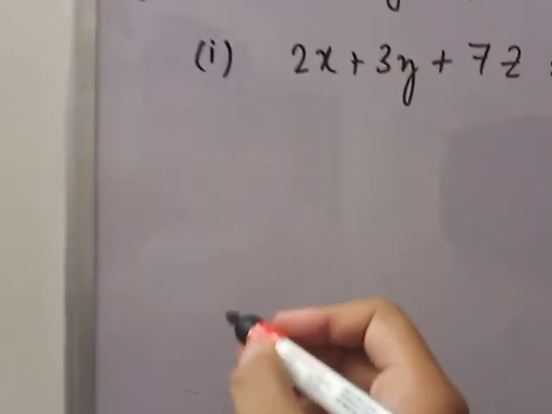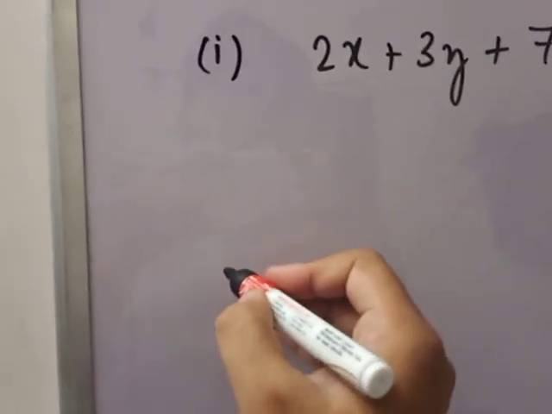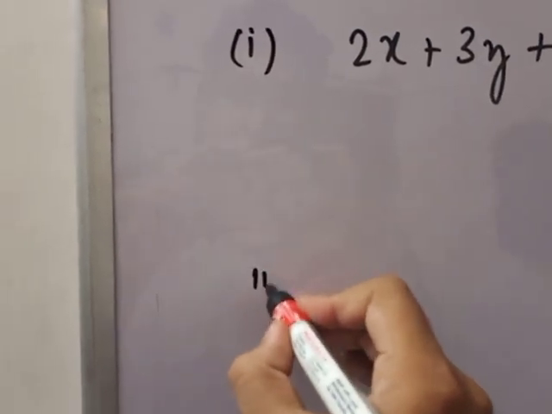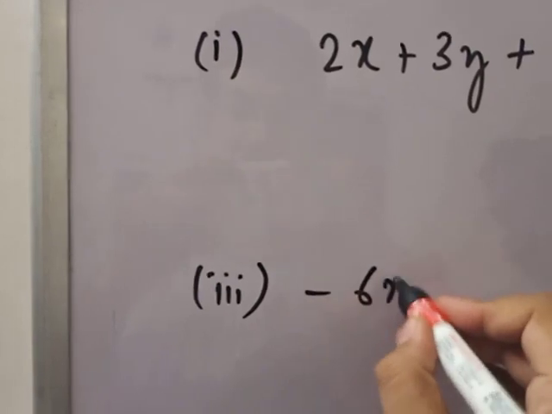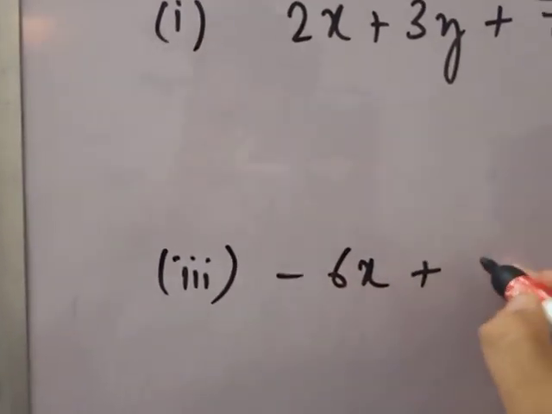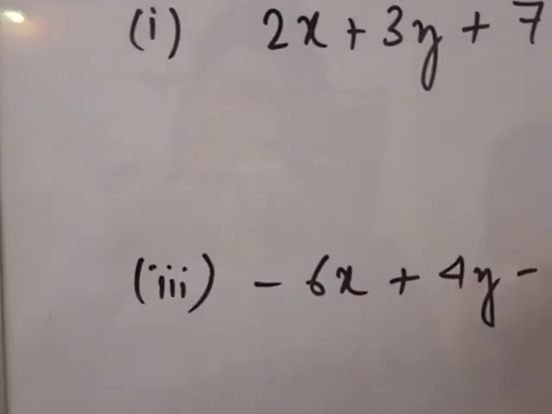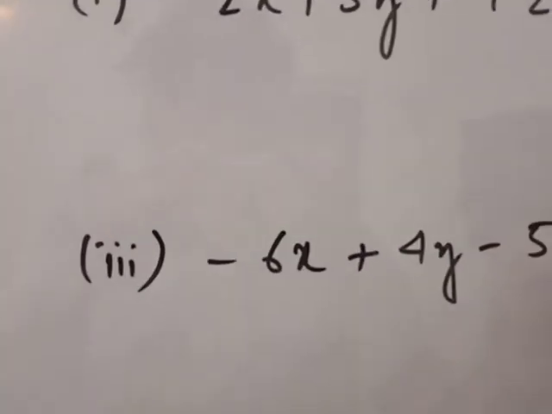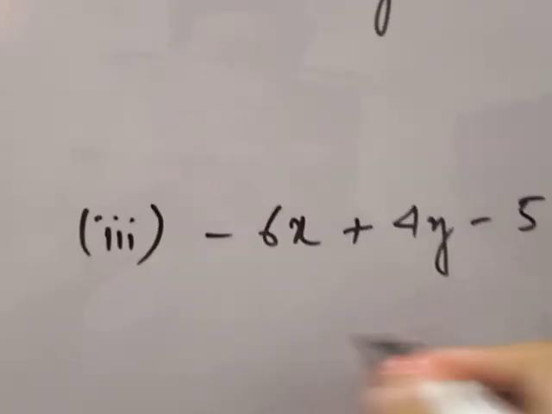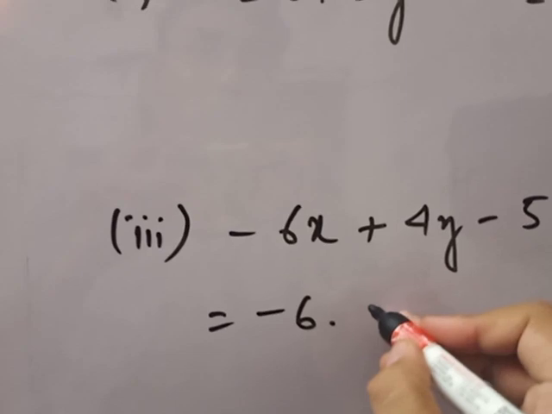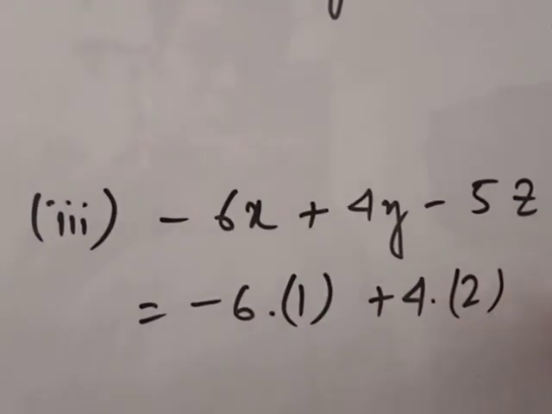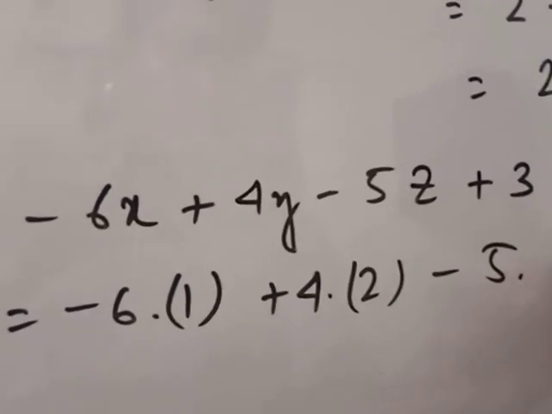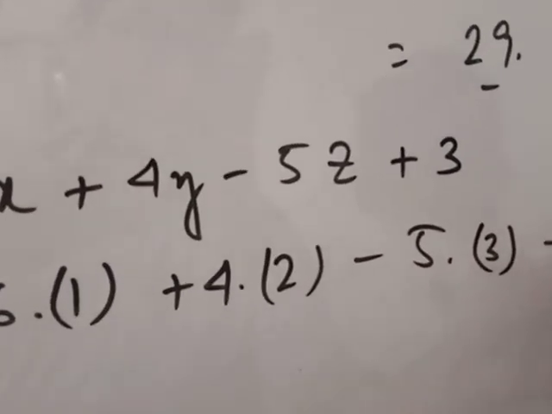Next problem, number 3. Number 2 is the same. Number 3, minus 6x plus 4y minus 5z plus 3. So minus 6 into x plus 4 into y plus 5 into z plus 3.